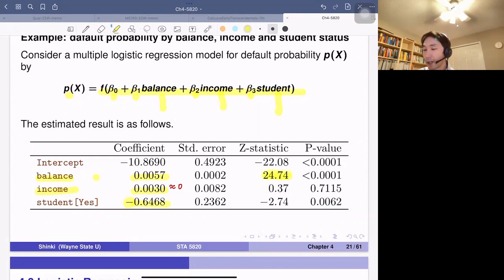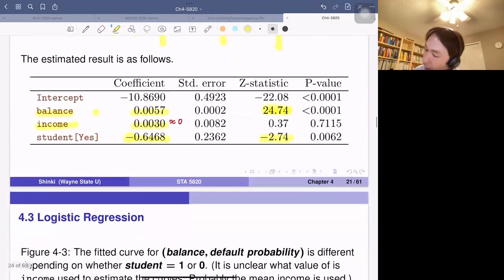If we have already accounted for balance, the additional information that the person is a student actually indicates a lower default probability. The coefficient is negative, 2.74, so probably student status is also a meaningful factor in determining default probability.